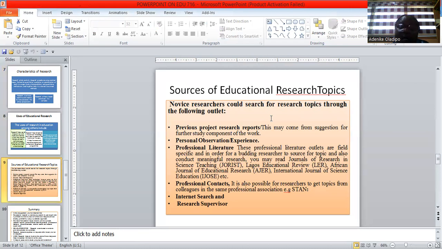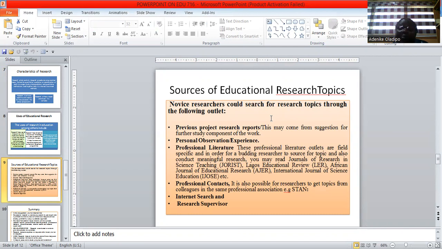You can go to any e-library, or you can also go to a physical library. And when you get all of these research reports, flipping through them and reading through them, you will come in contact with areas of further research.